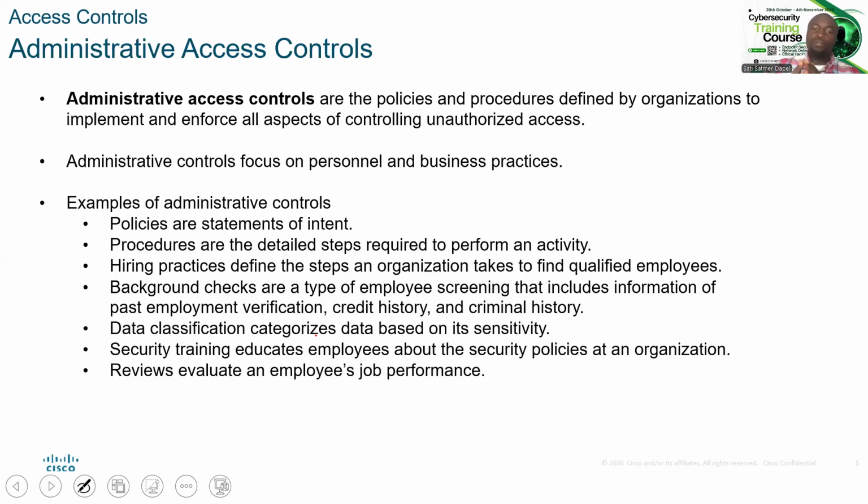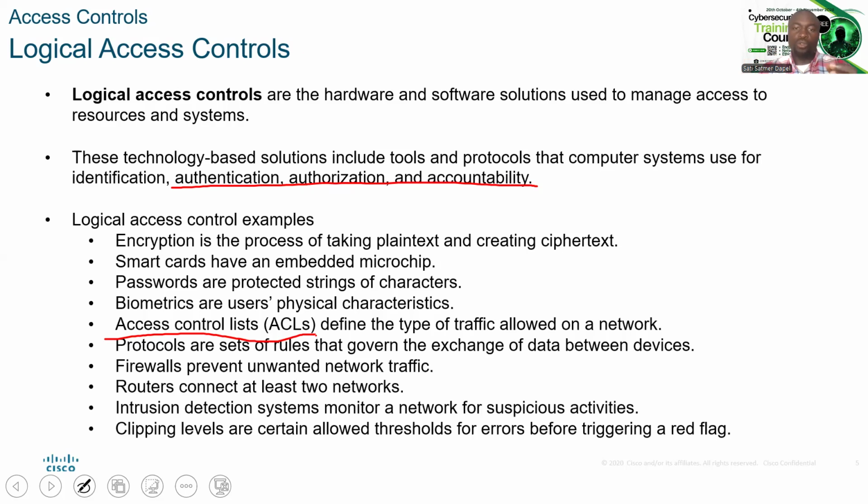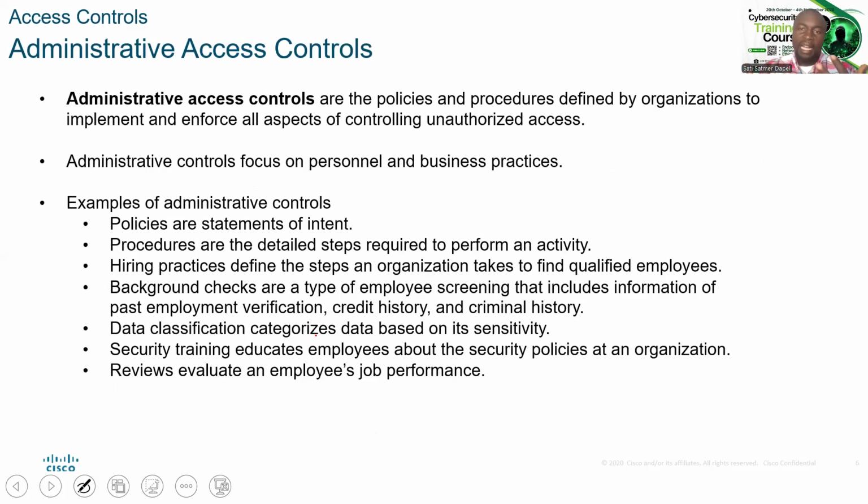Then we have what we call the administrative access control. So you see, the physical deals with creating access barriers. And then the logical has to do with solutions, both hardware and software, that are used to manage access to those resources.